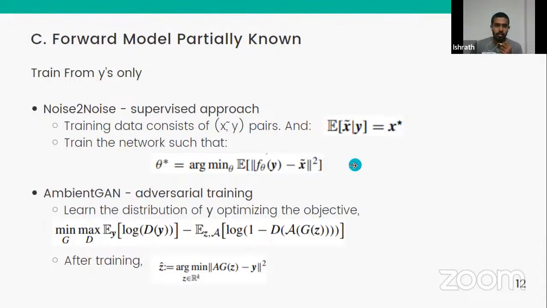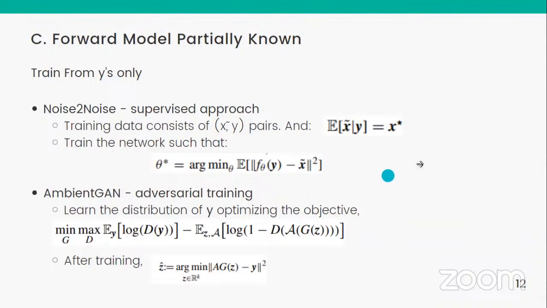That is going to be the con of this method. With only one such pair, the reconstruction is going to be noisy. To get better quality, we need several pairs for each measurement. The next approach is an adversarial training called AmbientGAN.